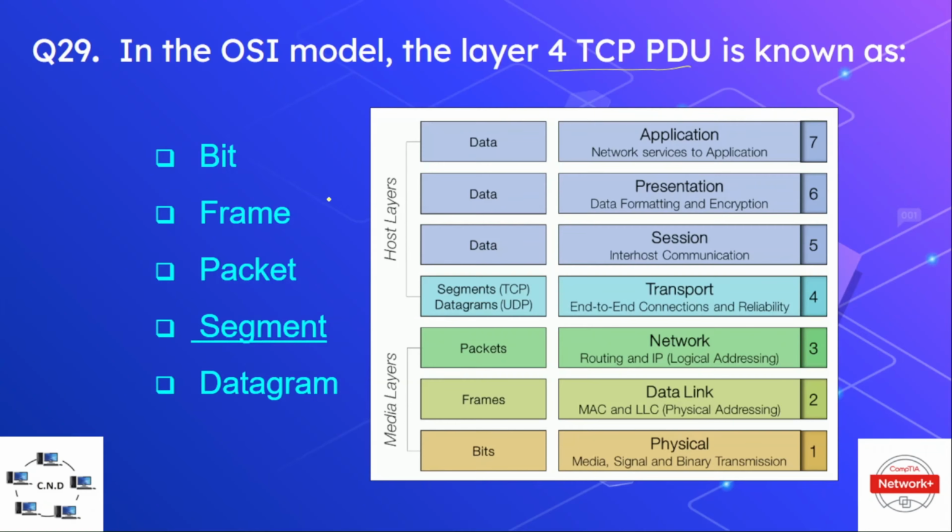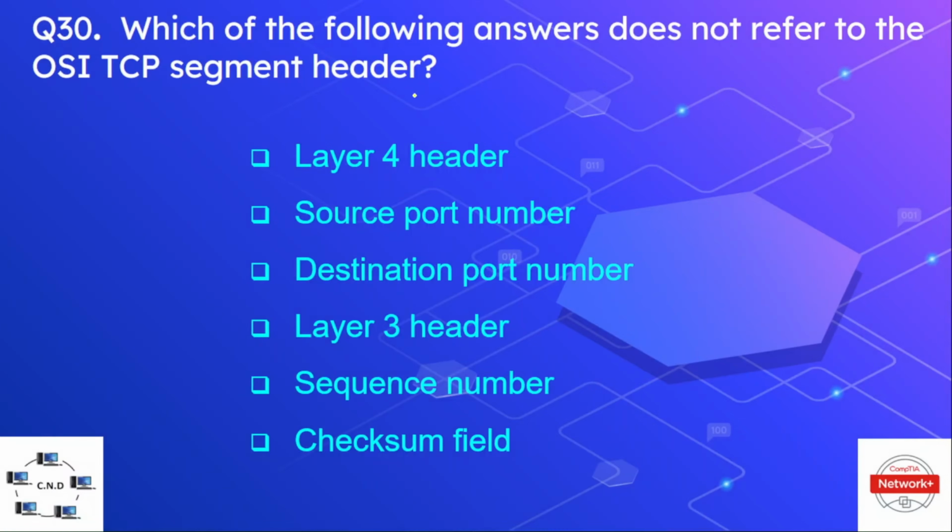Question number 30 is: which of the following answers does not refer to the OSI TCP segment header? The options are layer 4 header, source port number, destination port number, layer 3 header, sequence number, and checksum field.